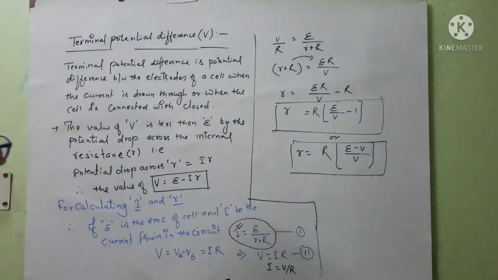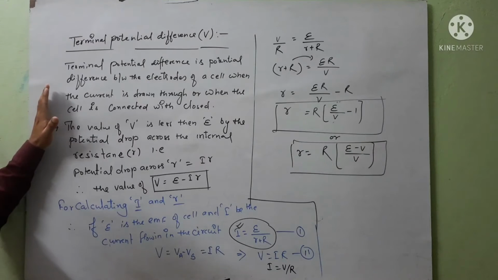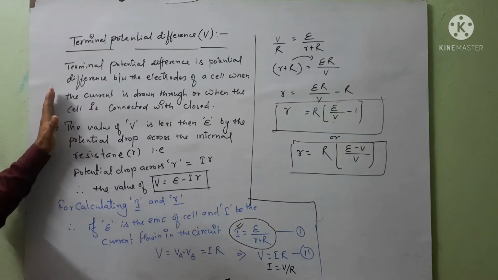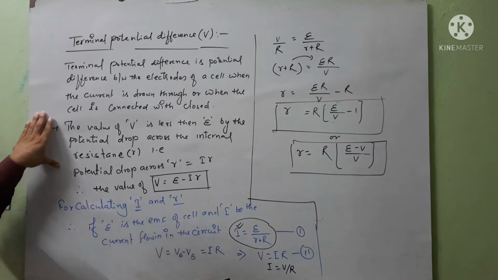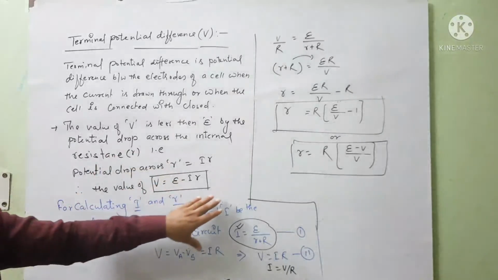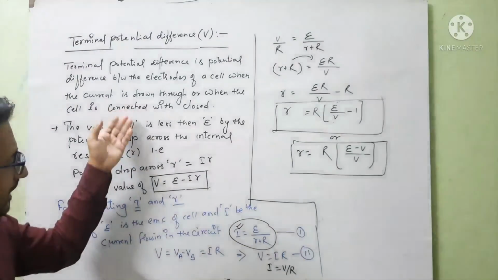Got it, student? So in this case we have discussed the terminal potential difference, the EMF of the cell and the internal resistance of the cell, and after that I will discuss one numerical based on it. But before that I will tell you about the special condition which I have already discussed.